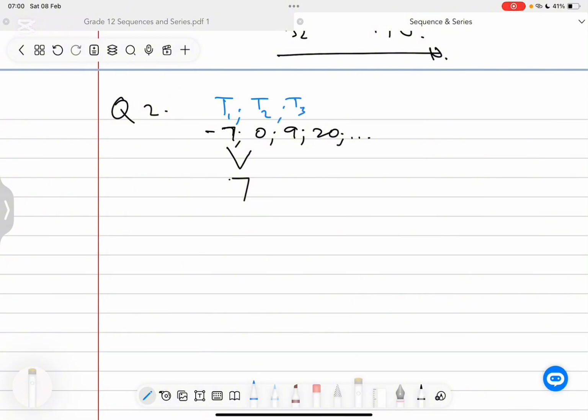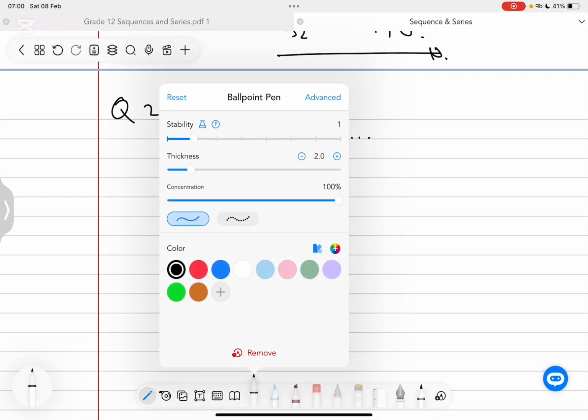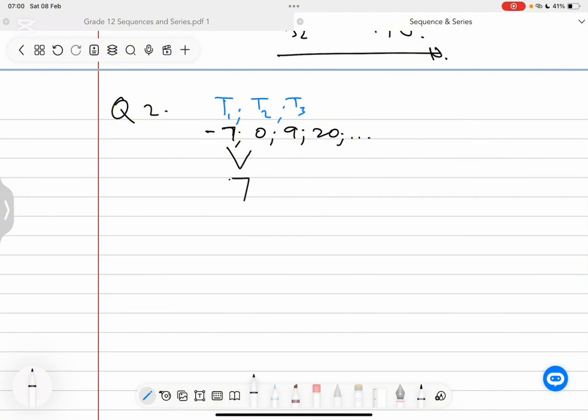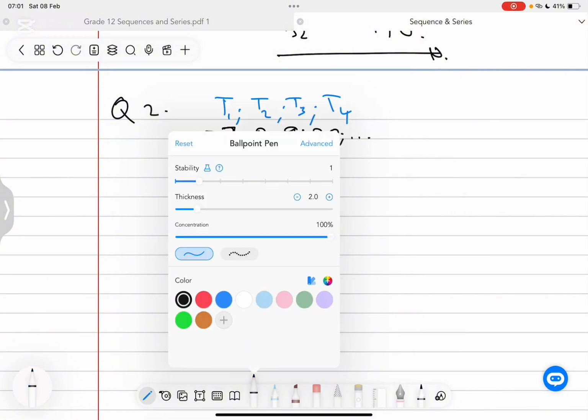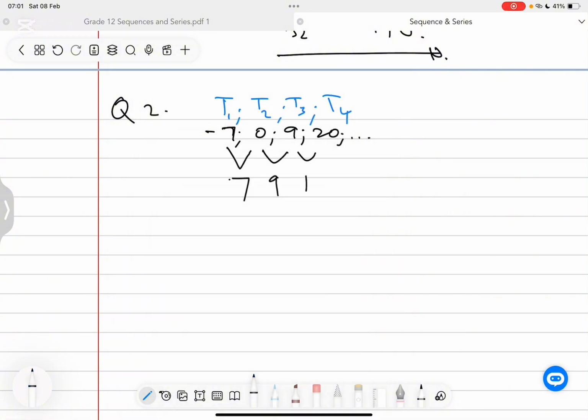So term 3 minus term 2 is 9 minus 0, which is just 9. Then I do the same for term 4 minus term 3, which is 20 minus 9, and we all know that should give us 11.